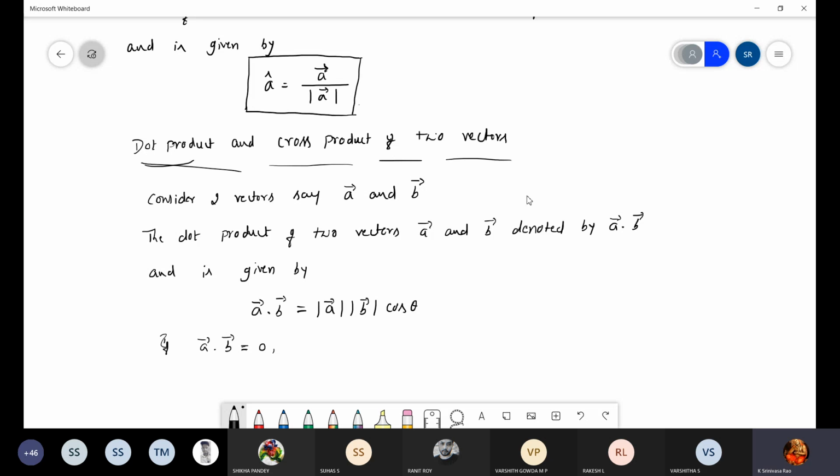Take down. Then we say that perpendicular or orthogonal are both the same. Then we say that two vectors are perpendicular.